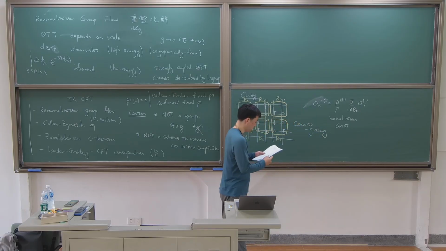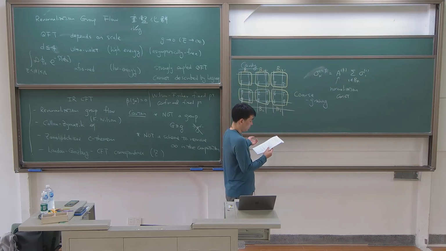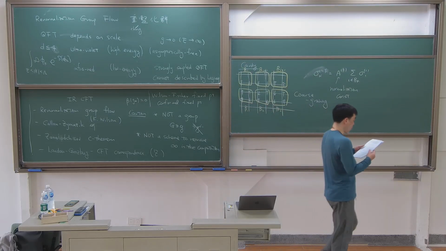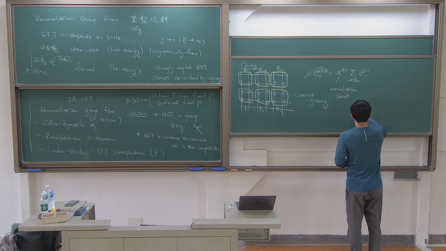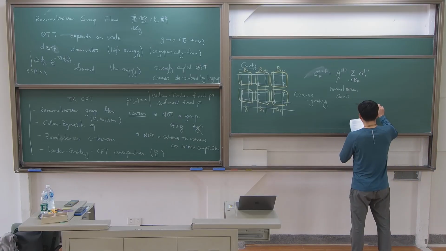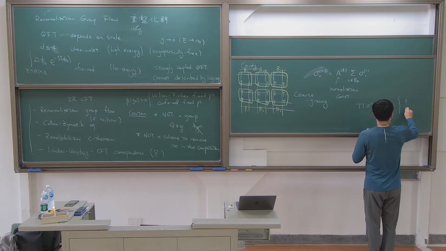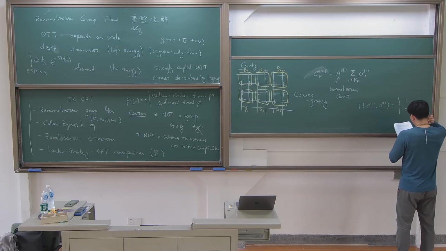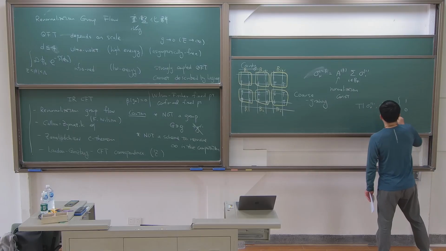Okay. And then we just sum them up with some lattice weight, some operator. We call it T, sigma 2, sigma 1, which is 0 otherwise.